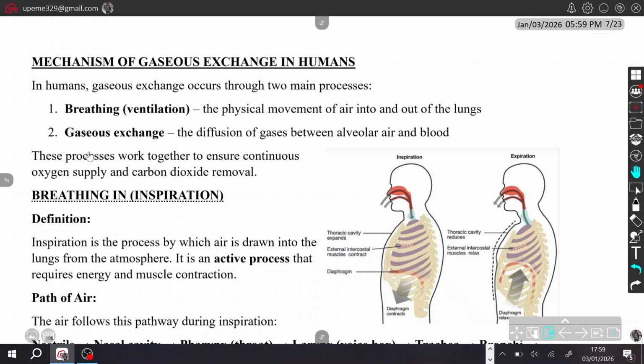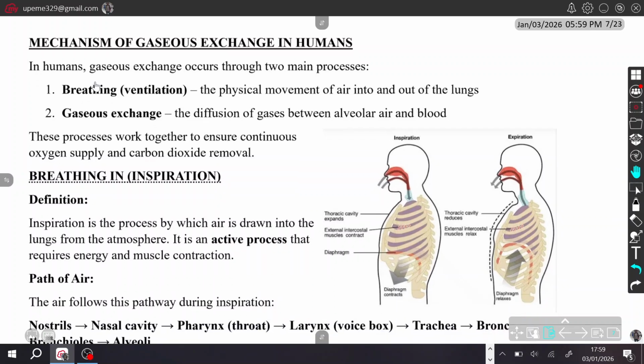Then another process is the gaseous exchange, which is the diffusion of gases between alveolar air and the blood. All right, now these processes work together to ensure continuous oxygen supply and carbon dioxide removal.